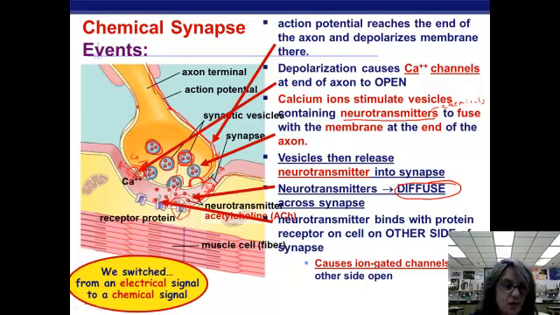Perhaps a new channel opens, and so we get a new event happening on this other cell. If you look here, this looks like it's a muscle cell. So maybe we're getting a message from our brain to our muscle to move our stupid hand off the burner. And it is jumping over by way of this neurotransmitter onto our muscle cell and telling us to move our hand.